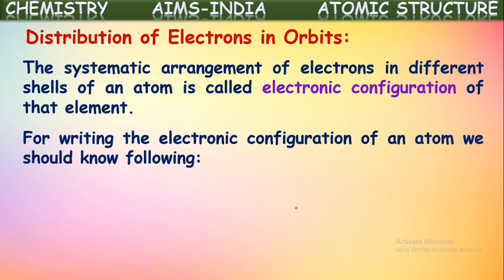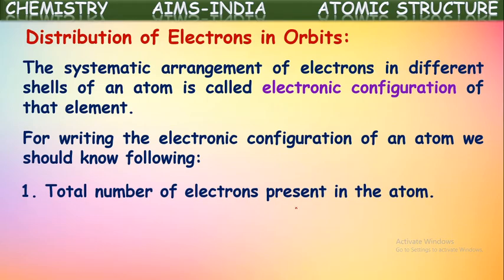For writing the electronic configuration of an atom, we should know certain points. They are the total number of electrons present in the atom. First we have to know how many electrons are there in that atom, so that we can understand how these electrons are arranged later. How can we know the number of electrons present in the atom? Based upon its atomic number.